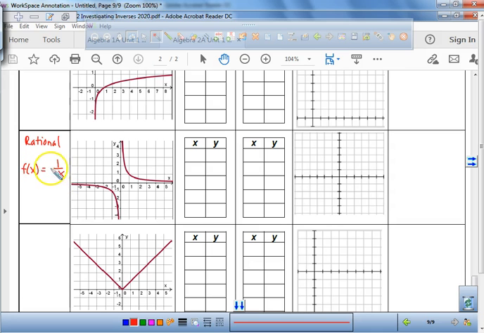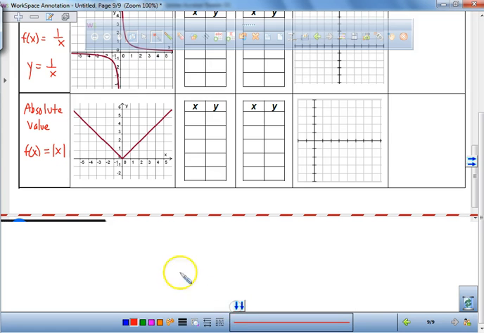And this one is your absolute value function, which is f of x equals the absolute value of x. So you could also say y equals 1 over x, or y equals the absolute value of x.